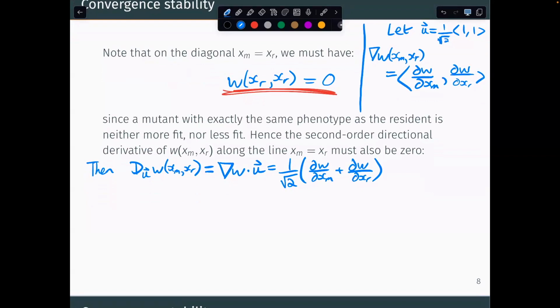Okay, that's the first order partial derivative. We actually want our second order partial derivative, which is just going to be the gradient of this dotted with u.